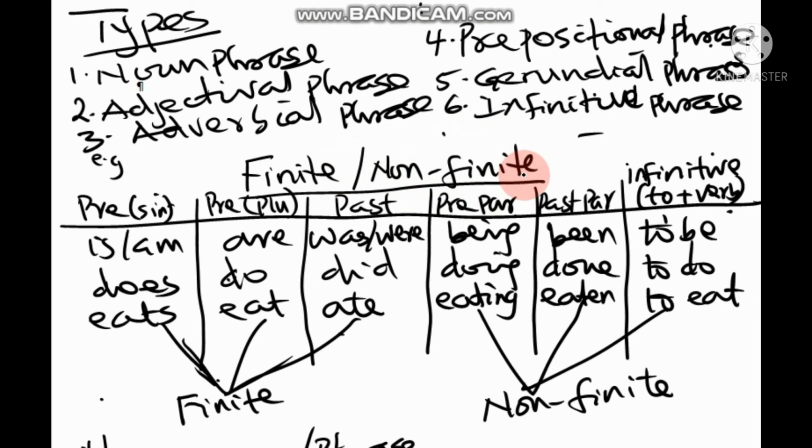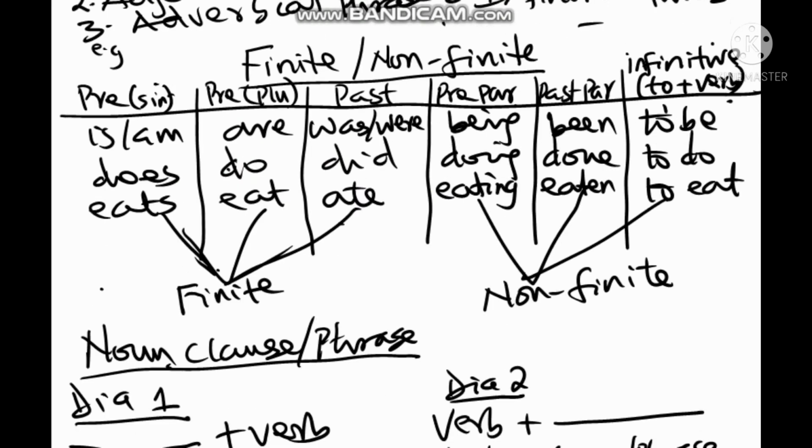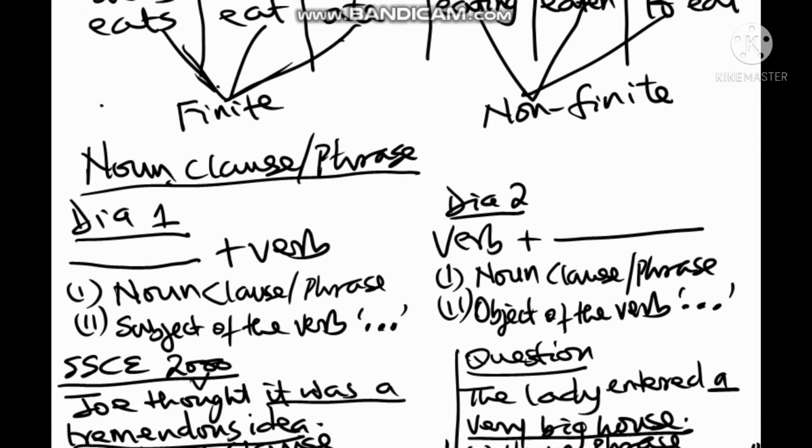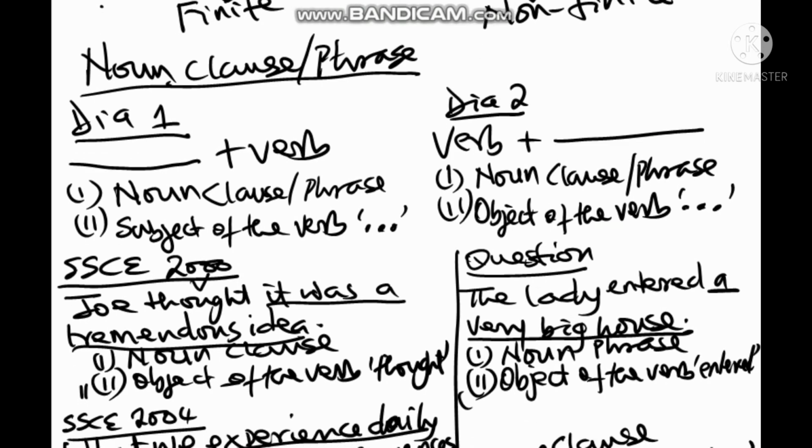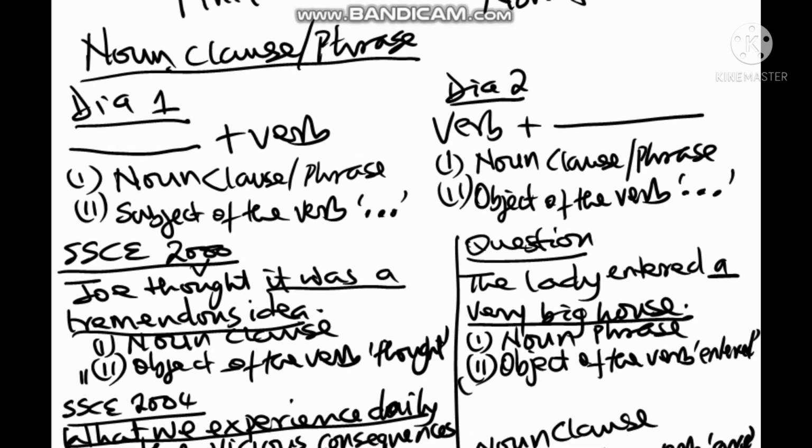Okay? Now, let's go back to our diagram number 1 and 2 again. Let's refresh our memory with that diagram 1 and diagram 2. With our diagram number 1 and 2, we can easily talk about noun clause and noun phrase. Diagram number 1 says that if they underline a group of words, immediately after that underlined group of words, you have a verb in front.